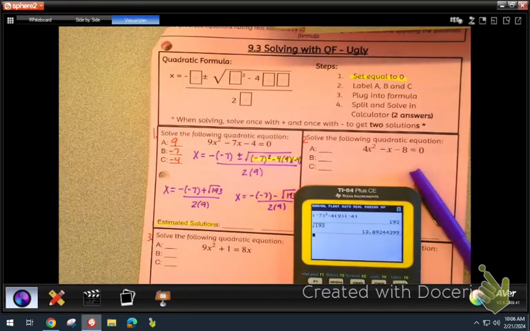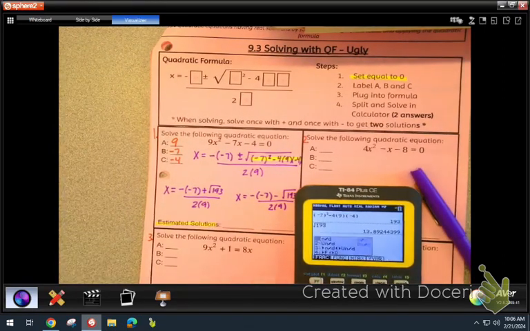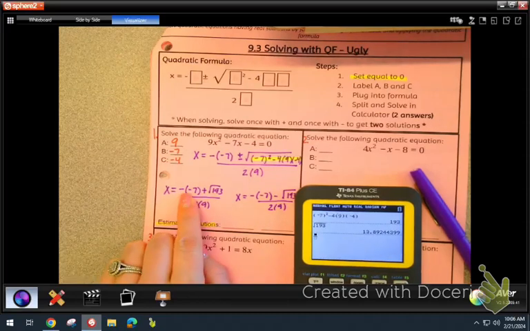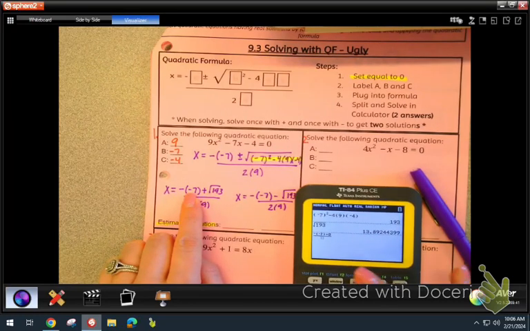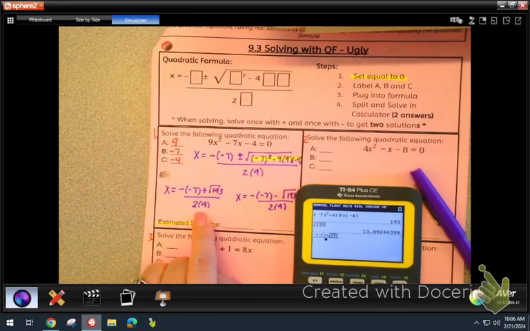You'll see when I start typing this, I am in fact going to get some decimals. Alpha y equals, enter, negative 7, because that's my negative b, plus square root of 193 all over 2a.